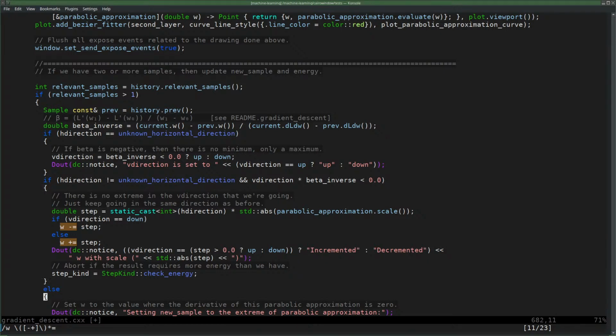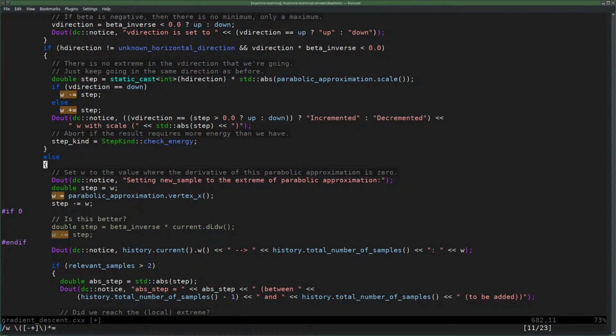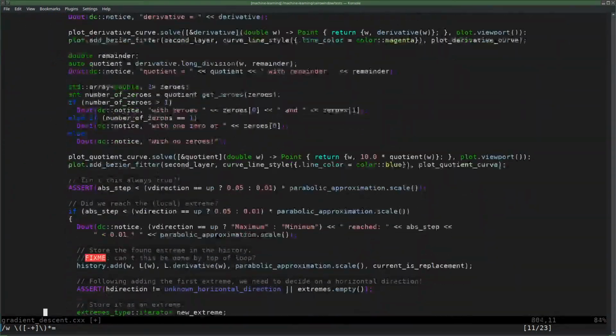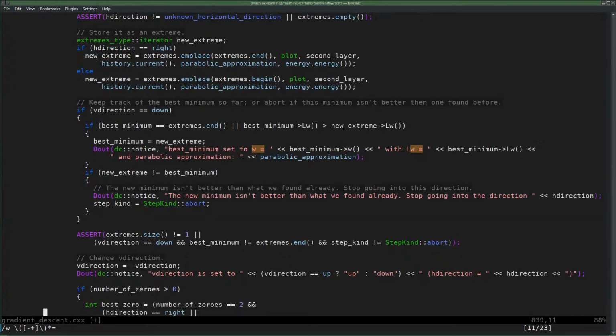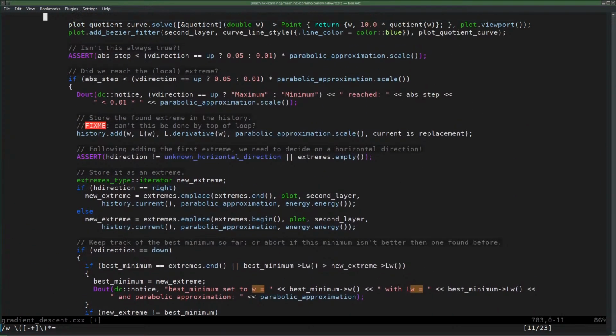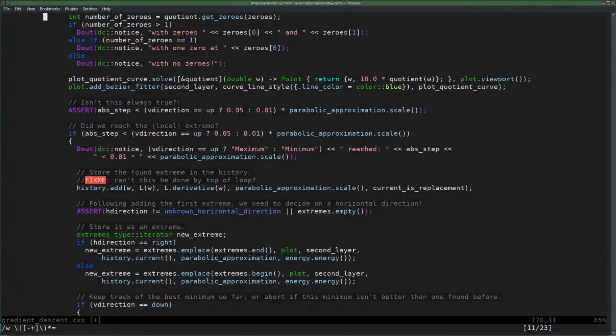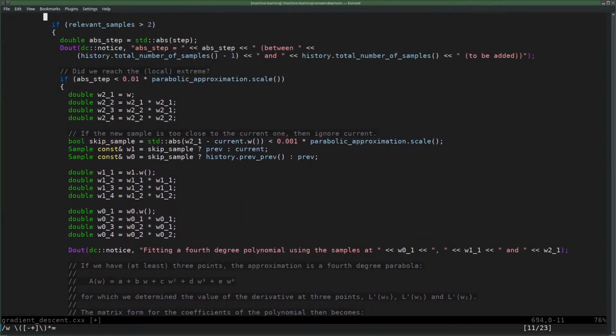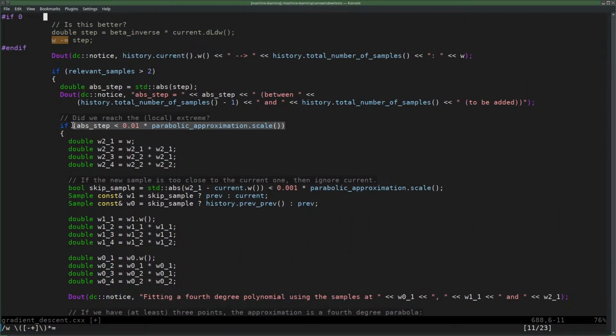We don't get here because we get here. And then it is set to the parabolic, to the vertex already. And step is then that difference. And that means that at least it is very close to that value. Because we only get here when the absolute value of the step is less than 1% of the scale.